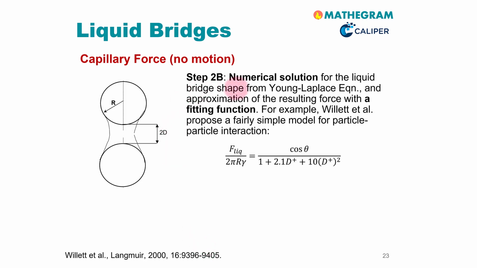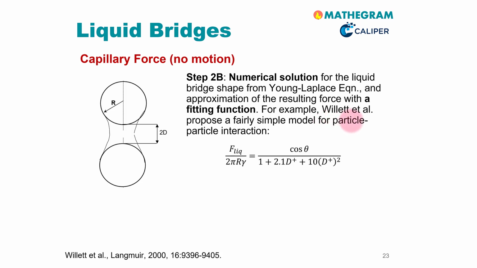When you have solved for the shape, you get the R1 radius that we have seen on the previous slide. You get the delta P from the curvature of the surface, so you can evaluate the total force directly. And then the final step is just to approximate these numerical solutions with an analytical expression.